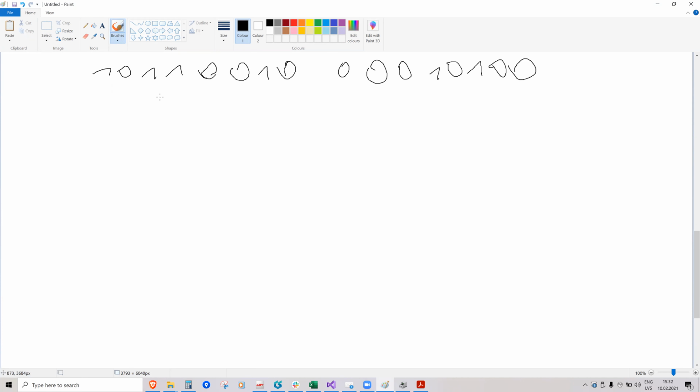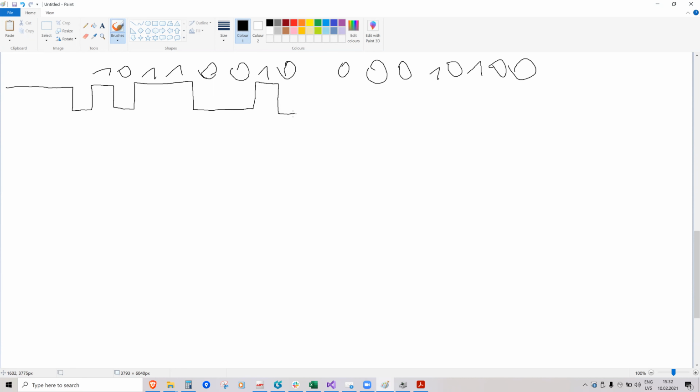So when you send these, the line goes like this. The idle line is high. Then before sending the first bit, the transceiver sends a start bit, which is low. And only then it sends 1, 0, 2 times 1, 2 times 0, 1, 0.